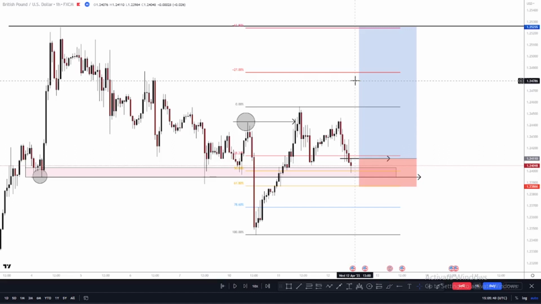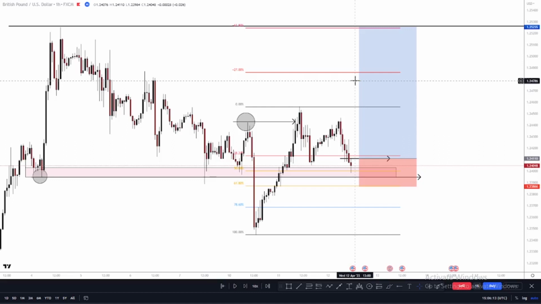So now let's go over our confluences. Confluence number 1, our H4 is bullish. Confluence number 2, our H1 is also bullish. Confluence number 3, price retraced to tap into a support zone, which was our H1 higher low.